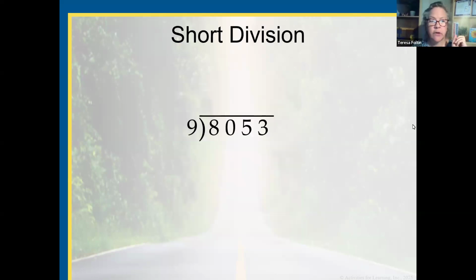All right, so let's take a look at short division without using the abacus. So they've already used the abacus to understand the process. And now we're going to move away from the abacus and do short division. We could still do this on the abacus, but there does come a time when the kids are doing it without the manipulative.